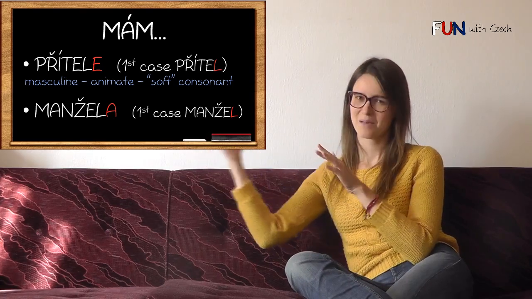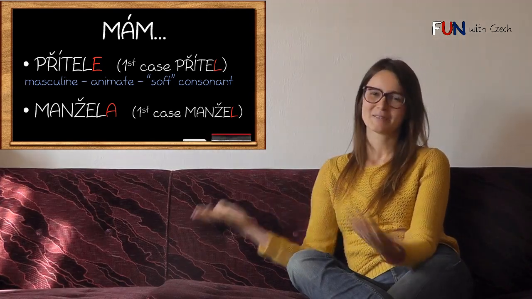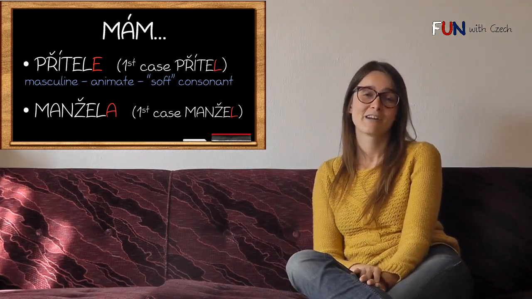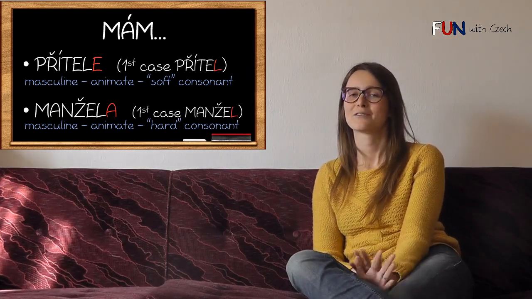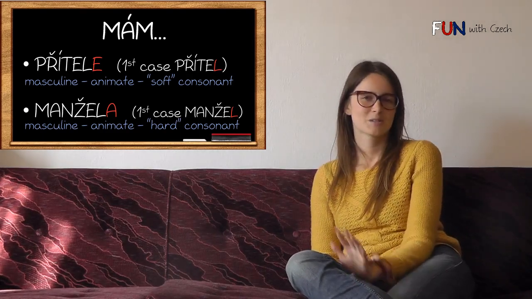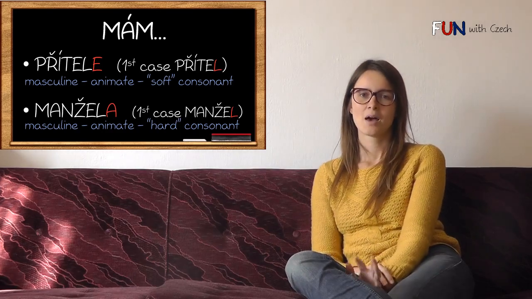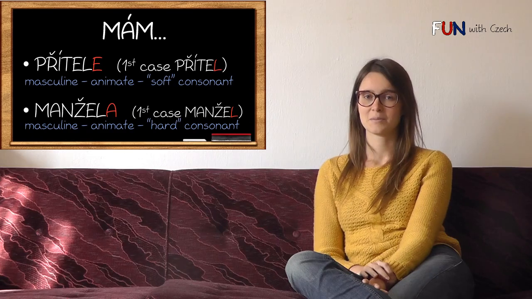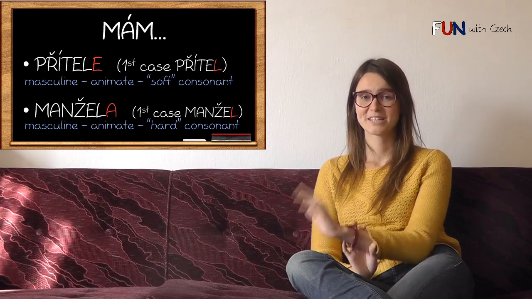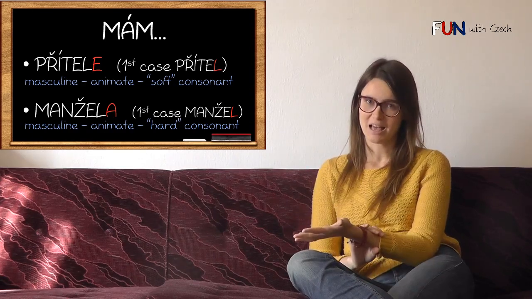So mám přítele, but mám manžela. There are rarely rules that we can really rely on in the Czech language. That's something we will have to get used to, but let's just always try to remember it on some real examples that can be useful in our personal life. So mám přítele, mám manžela.